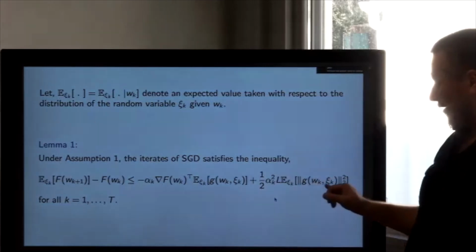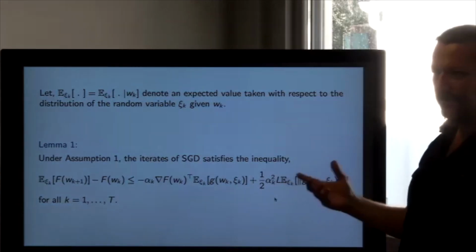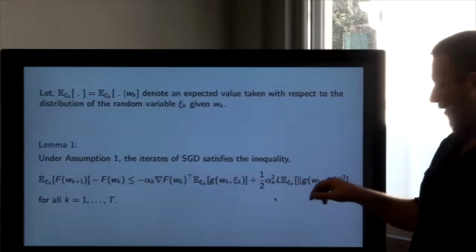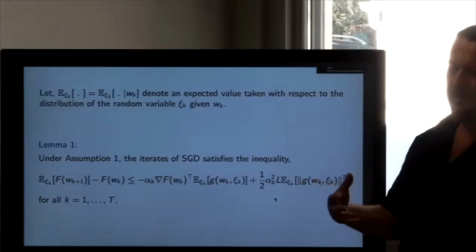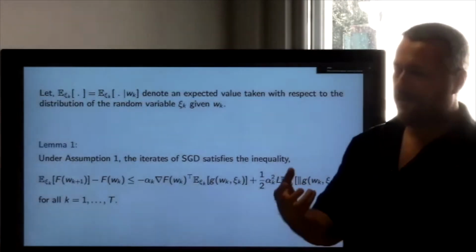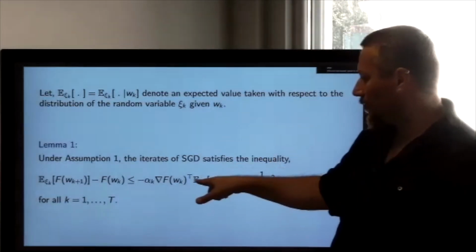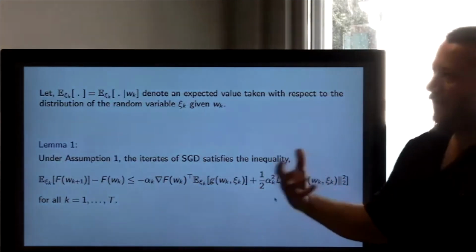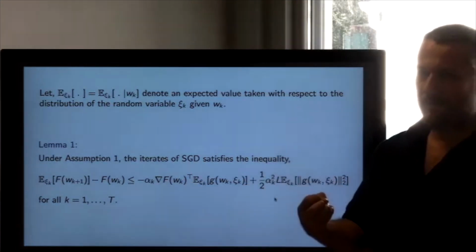But in general, you cannot guarantee that. To be able to guarantee that, these are the squared norms of the gradients, so it's kind of the variance. You want the variance of these stochastic gradients to be sufficiently small.